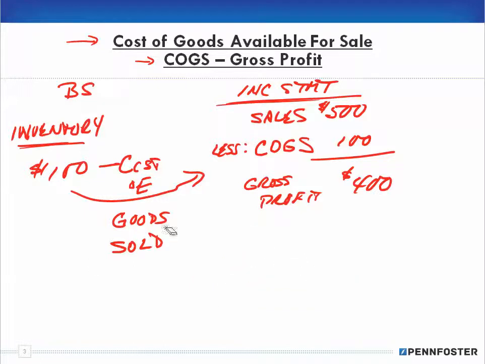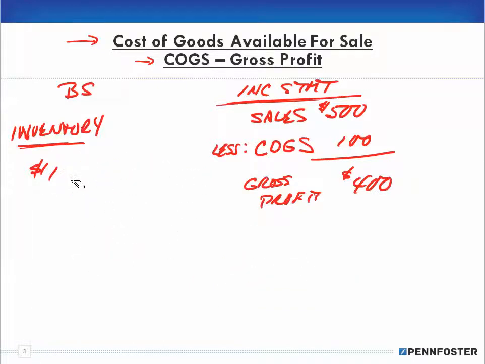Now, by having that, we determine what our gross profit is. Now, what does this have to do with my goods available for sale? This goes into inventory valuation methods, but I just want to cover the concept of cost of goods available for sale, right?